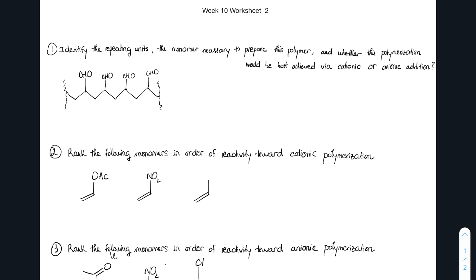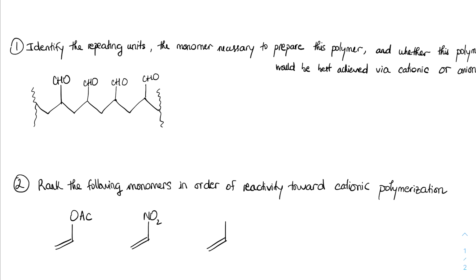So for the first question, we want to first identify the repeating unit. And the easiest way to do this is to just find a pattern. So I'm just going to start counting from here, 1, 2, and then this is also a carbon, 3. But you have to keep in mind that they all have to have the same amount of carbons. So if I look at the next carbon to the right, I find that it looks just like this group right here.